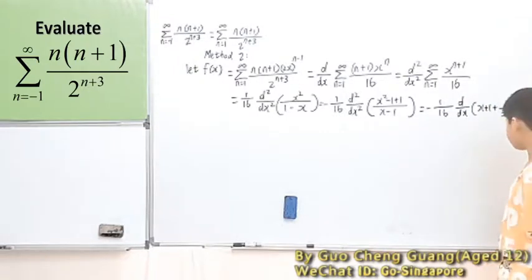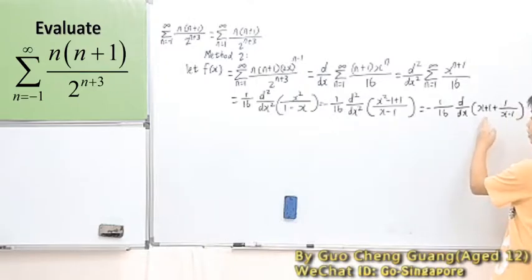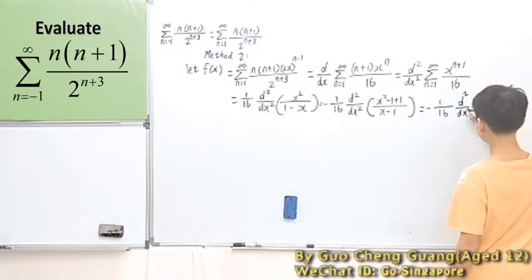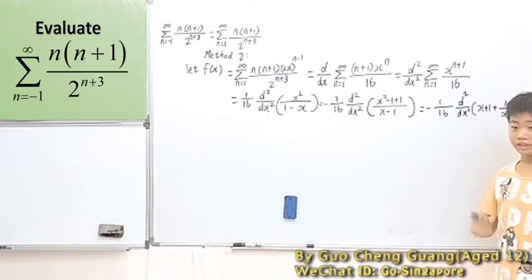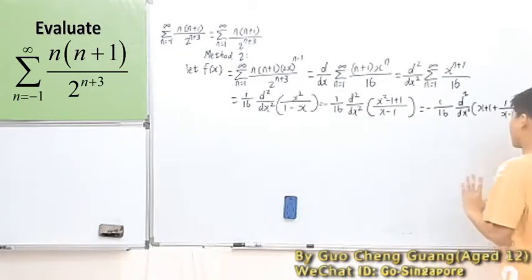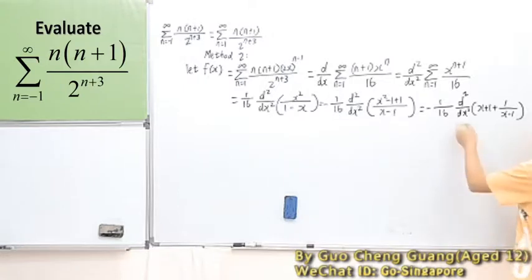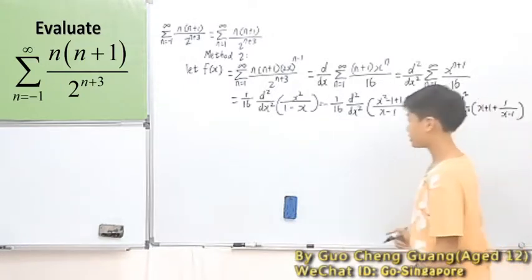Like this, differentiate once. Wait. Here just the simplification and partial fractions part. I haven't started differentiating this yet. First time differentiation, 1, 0. We'll see about that.